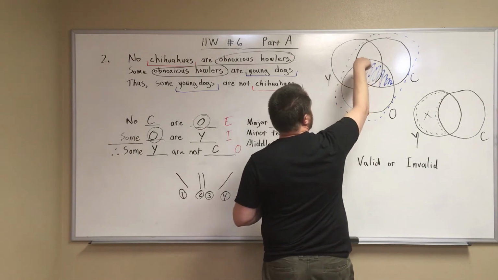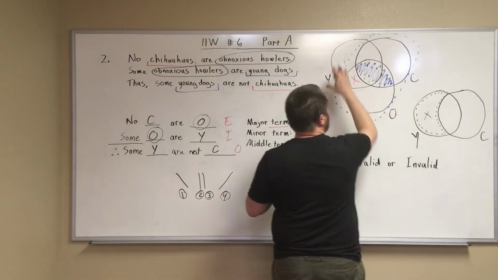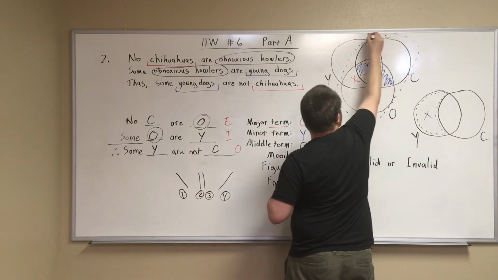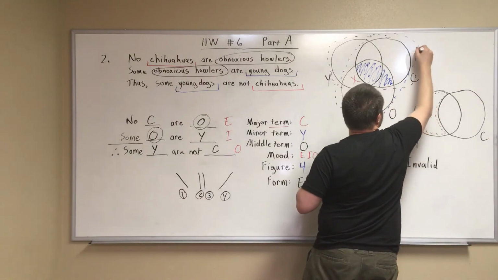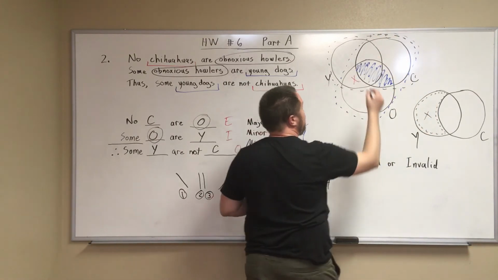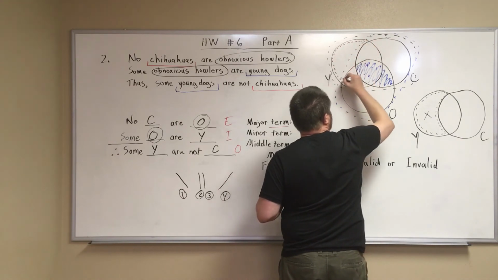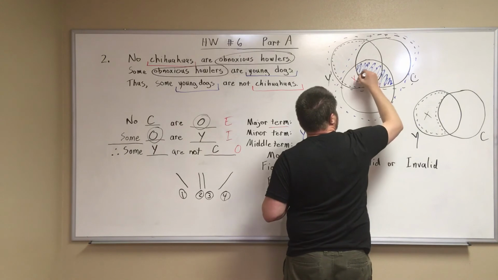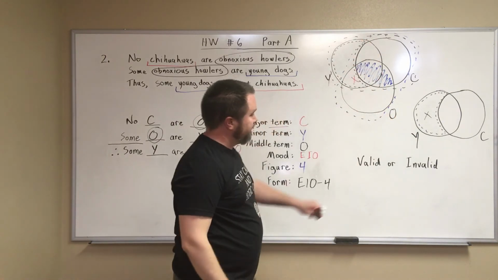in this diagram. So Y and C, we're dealing with just these 2 circles to see if that information translates. And that section that the X is in is this little crescent right here.